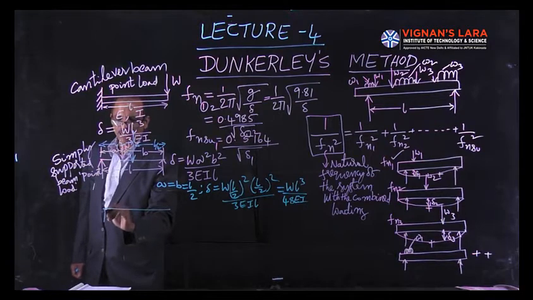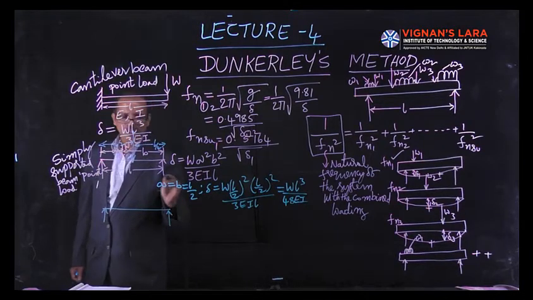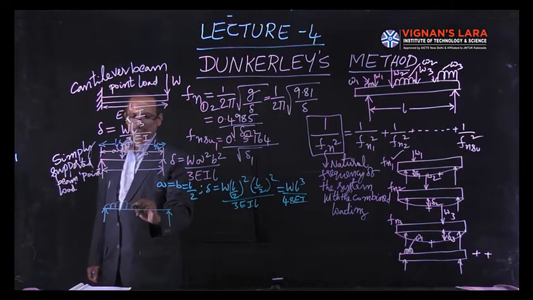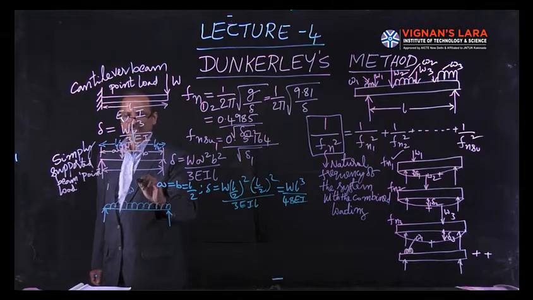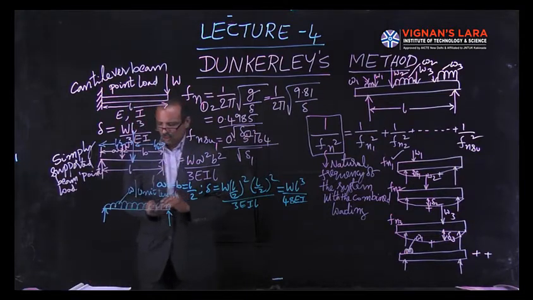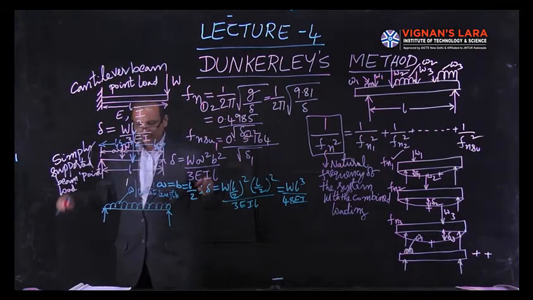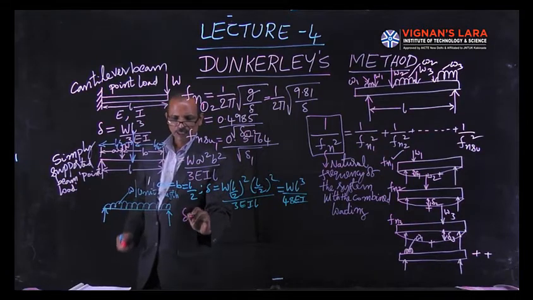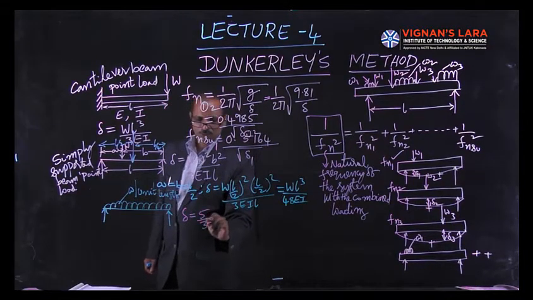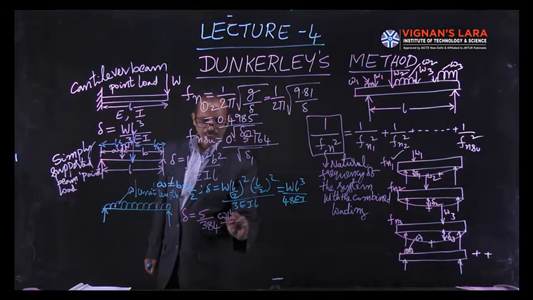Similarly, a simply supported beam with UDL, with a load of W per unit length. The delta equation is 5 by 384 W L to the power of 4 by EI.